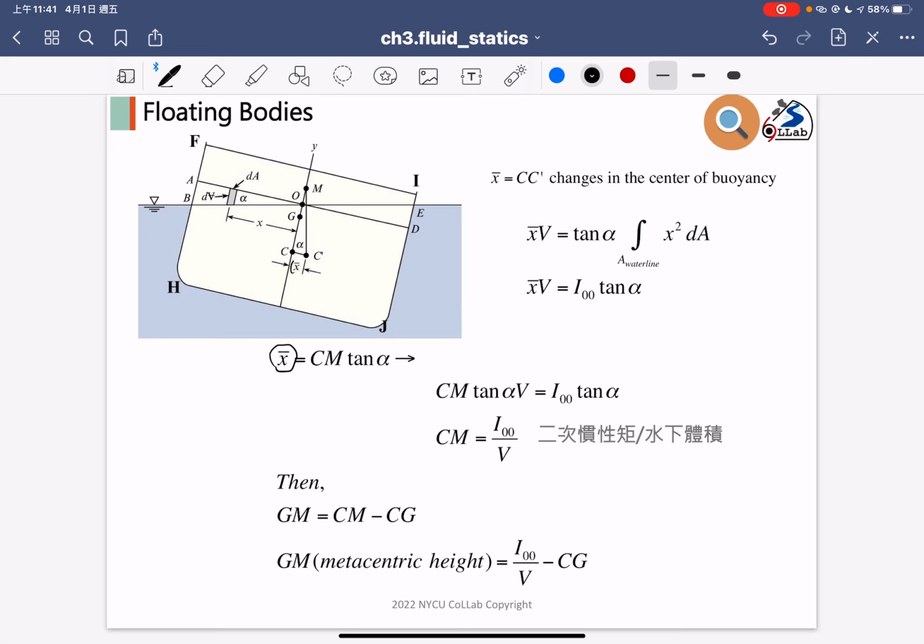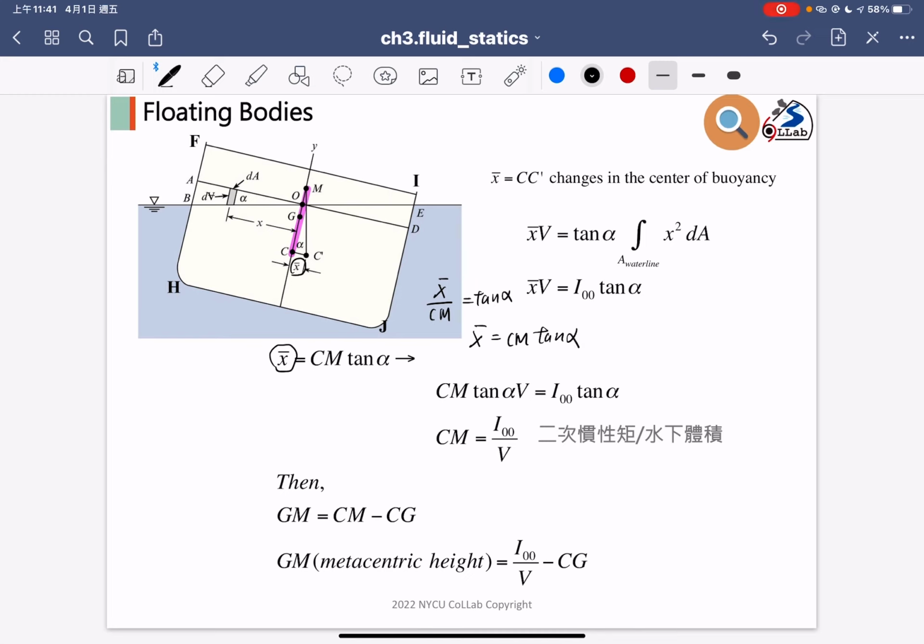X bar is in here, and x bar is equal to the Cn. The line in blue is the Cn, and the equation is x bar divided by Cn is equal to tangent alpha. So x bar is equal to Cn tangent alpha.